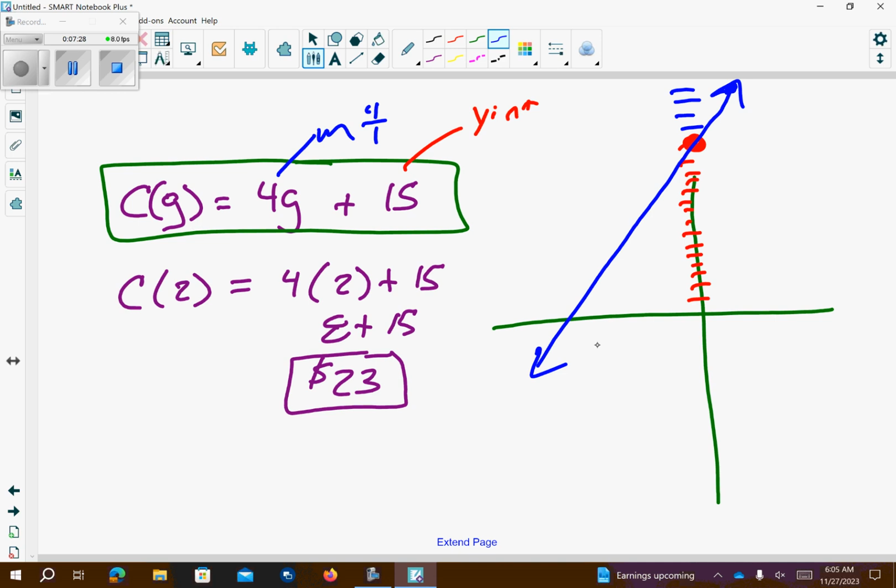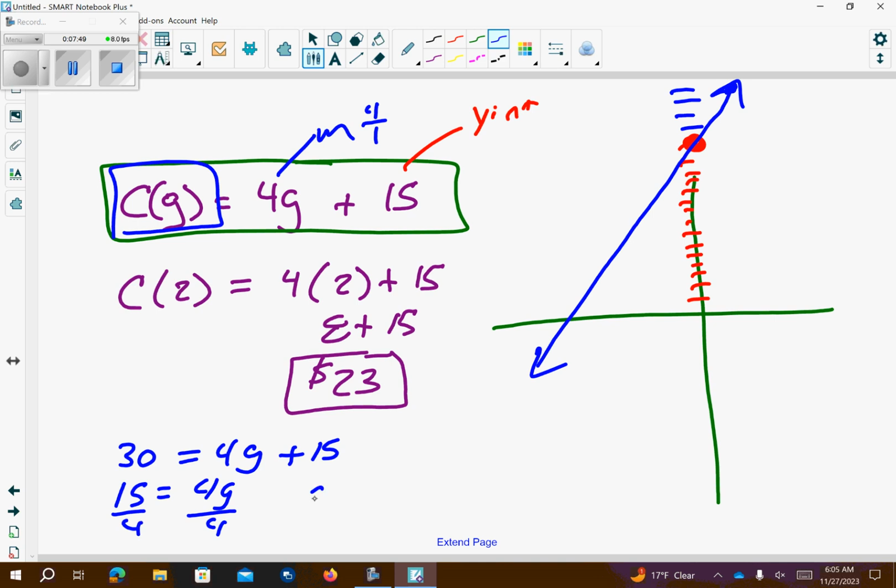And then use the graph to estimate the number of games they could bowl for $30. Well, that's kind of hard. So $30 is going to be the C of G. So let's not use the graph. Let's just solve this. So subtract 15 from both sides. Divide both sides by 4. So 4 goes into 15.